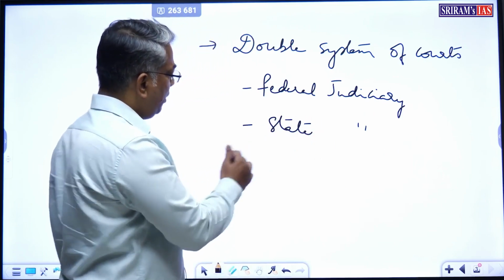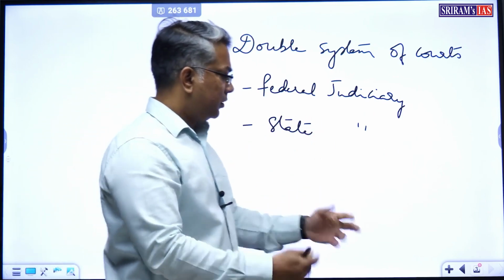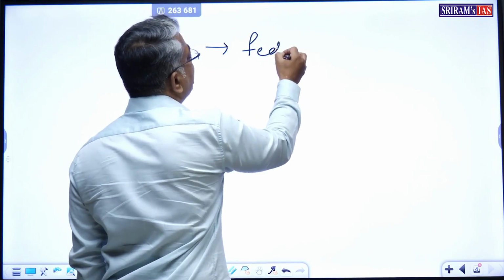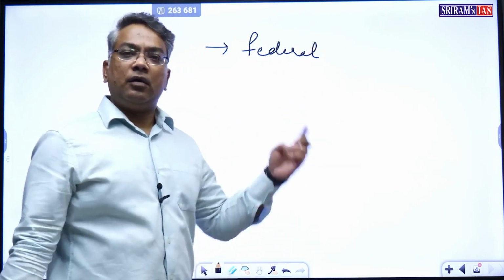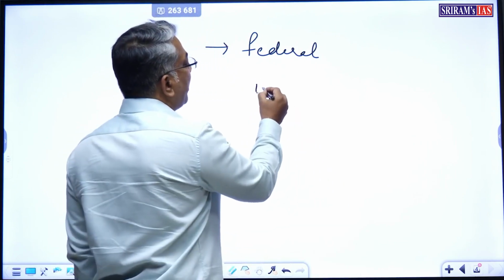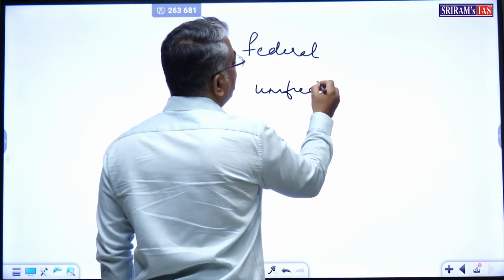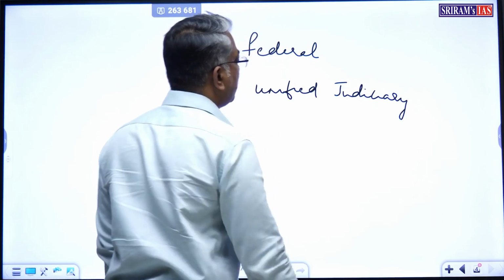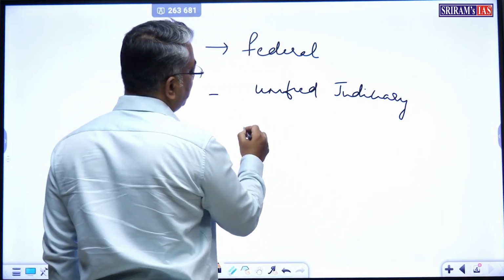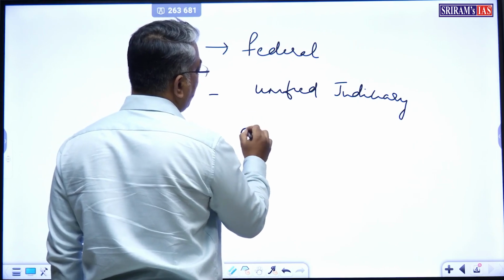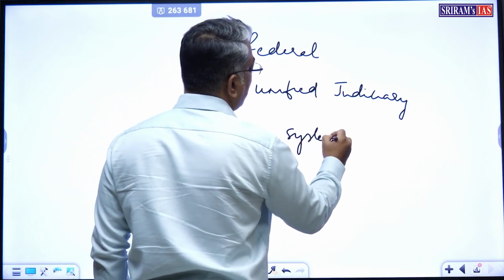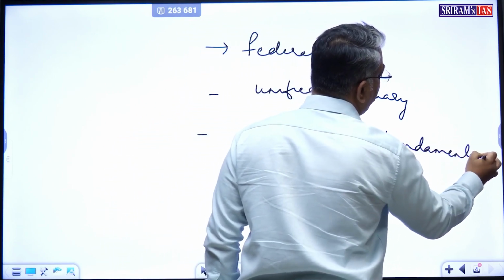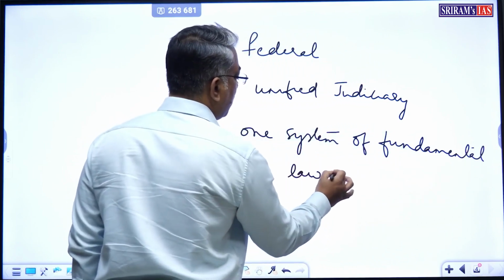So the Indian polity, although it is federal in structure, has a unified, that is integrated, judiciary, and also one system of fundamental law and justice.